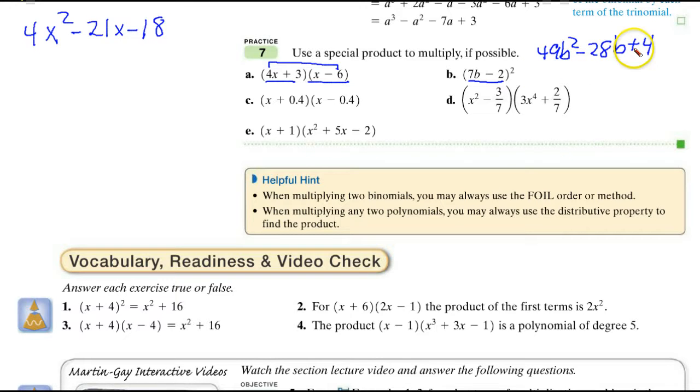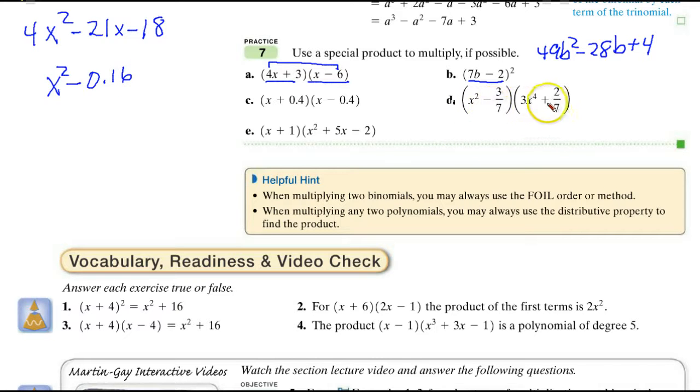This is a perfect square trinomial that will factor into this. Now these are conjugates, so that's going to give me x squared minus 0.16, because 0.4 times 0.4 is 0.16.